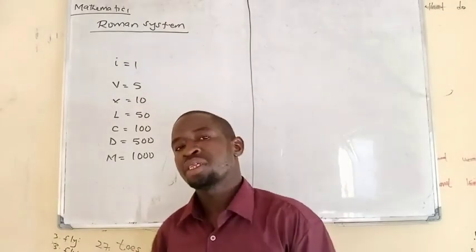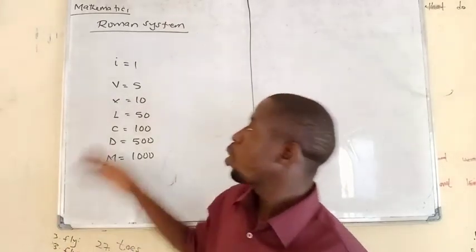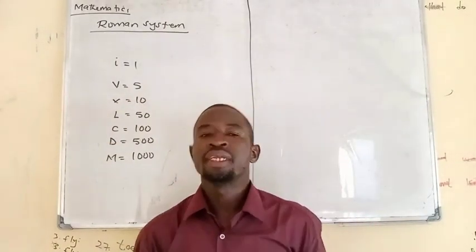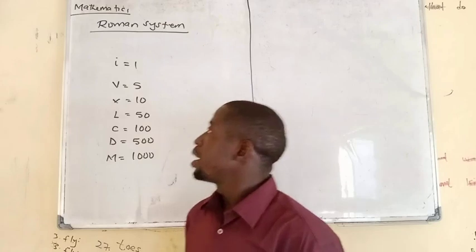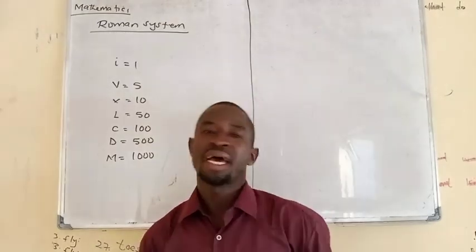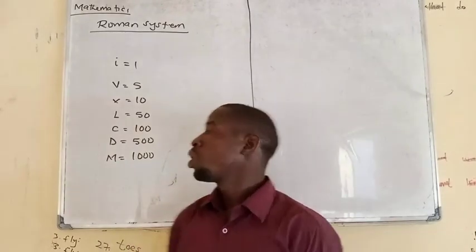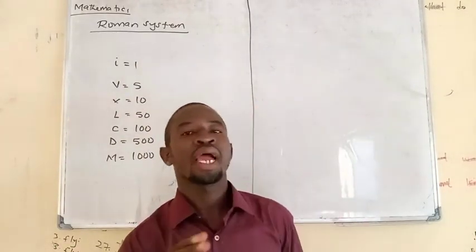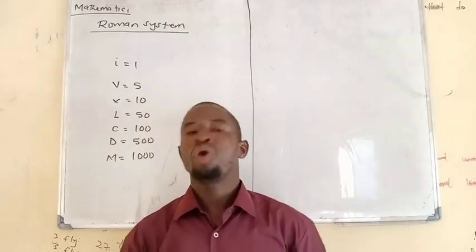Other numbers cannot be written without one of these special letters. Let me not waste our time much. Let me start directly, maybe from number 1 up to this 1000, but I may not write all the numbers.